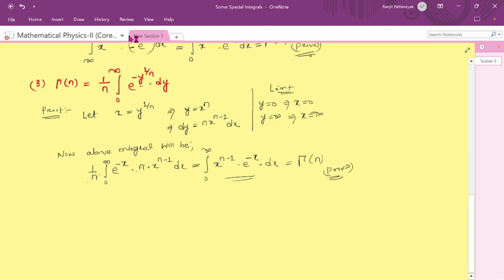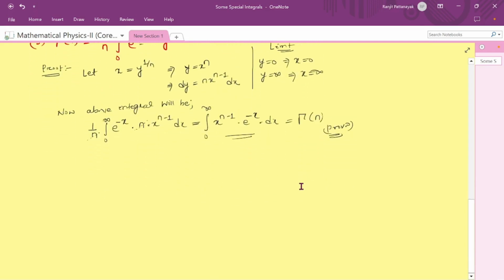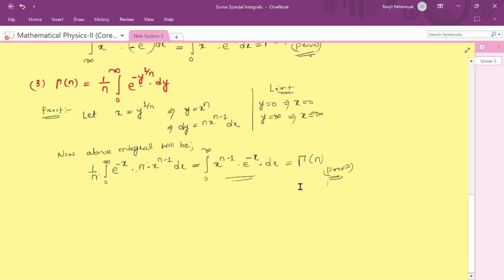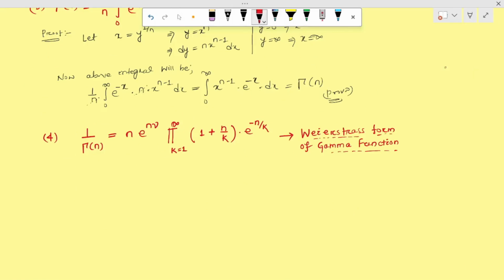Now we are going to move to another representation of the gamma function. This is the fourth representation of the gamma function, that is, 1 by gamma n equals n e to the power n mu, times the product over k equal to 1 to infinity of (1 plus n by k) into e to the power minus n by k.